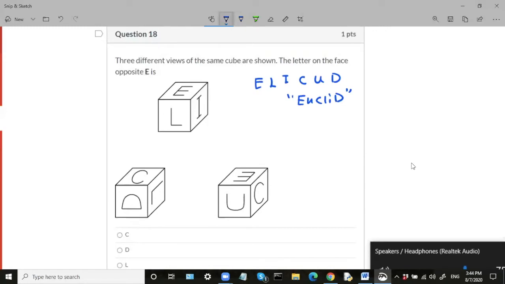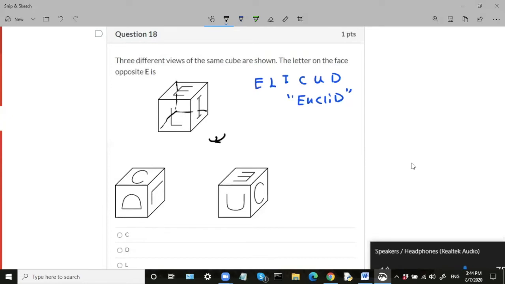Take a look at the letter E on the top. It is a 180 degree rotation this way, so E becomes this. Then C, U. The L, I rotated.